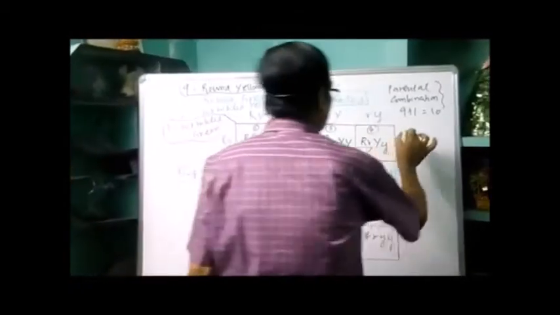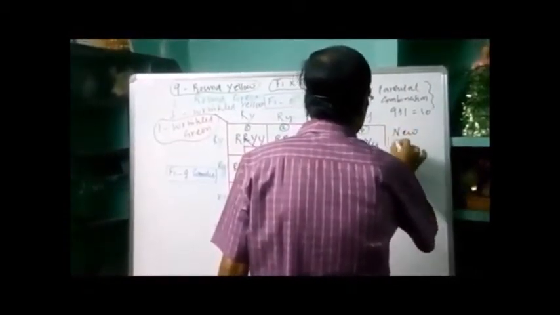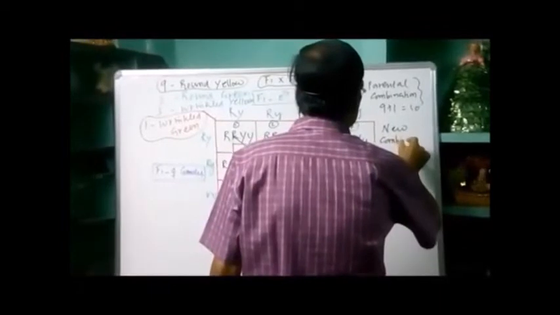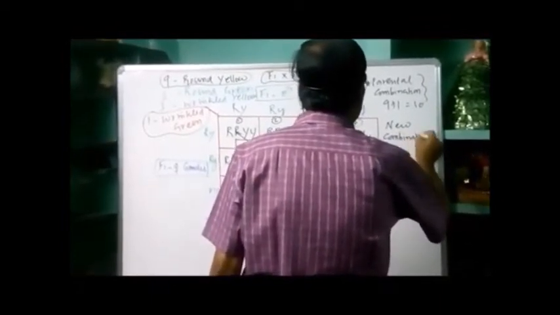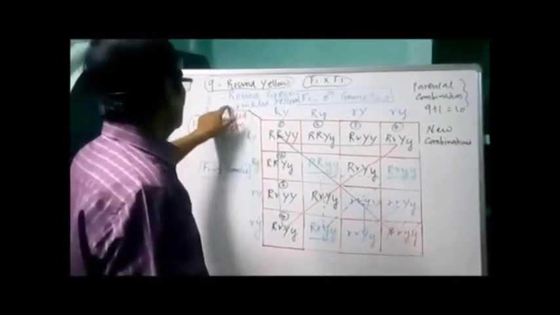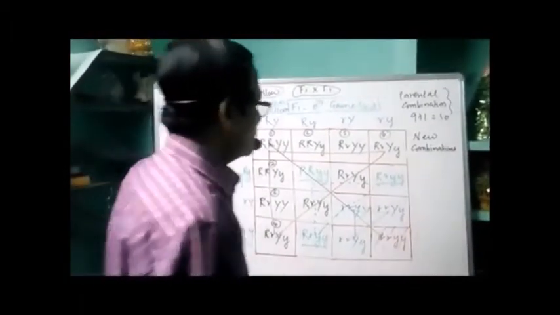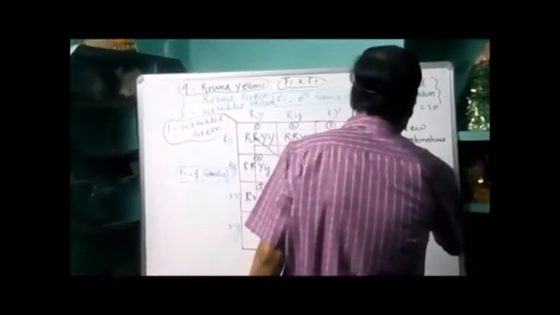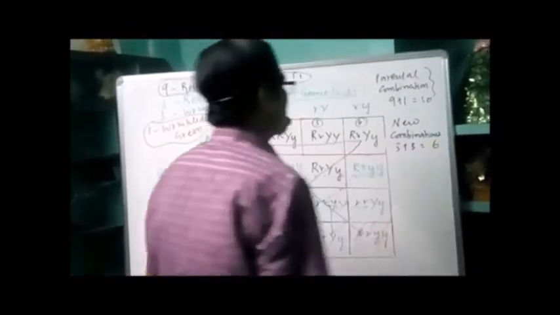Now, the new combinations. In the new combinations, one is round, but instead of yellow, green is present. The other is wrinkled, but instead of green, yellow is present. These two are called new combinations. 3 plus 3 is equal to 6.